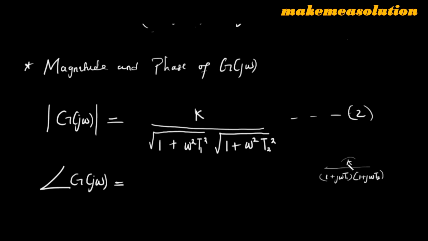For any real number, the phase of any real number is 0 degrees. So if the real number is positive, the phase is 0 degrees. If the real number is negative, the phase is minus 180 degrees. Take note of that. If the real number is positive, the phase is 0 degrees.